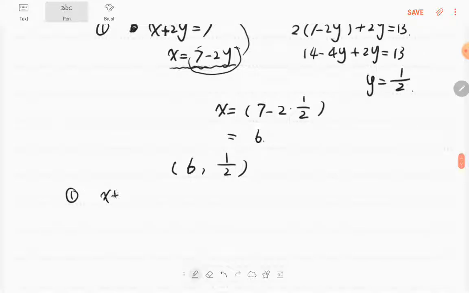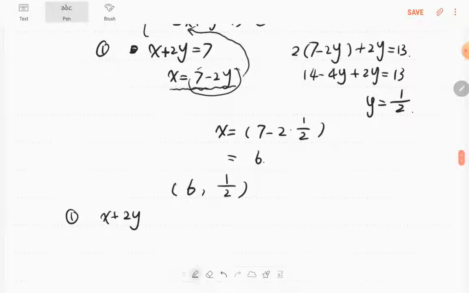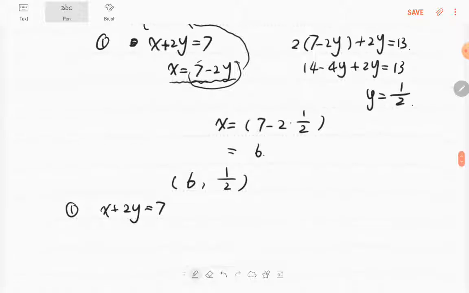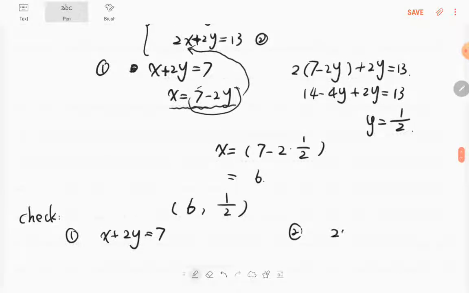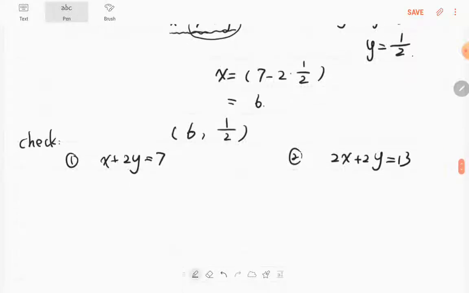So we test if it's true for both equations. This time we just check our answer, right? Let's try this one, 6 to replace x and 2y like this.